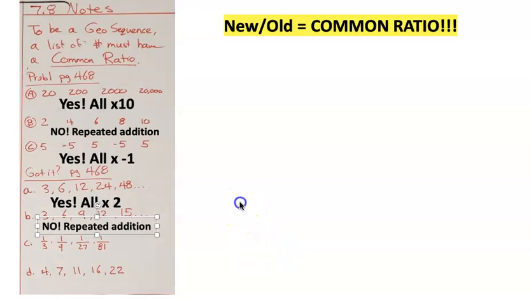Oh, I think we have a common ratio, also known as a common factor, of 1/3. If you take this times 1/3, you get 1/9. You take this times 1/3, you get 1/27. So you just keep multiplying by 1/3. So this would be a yes, because you're multiplying by 1/3.